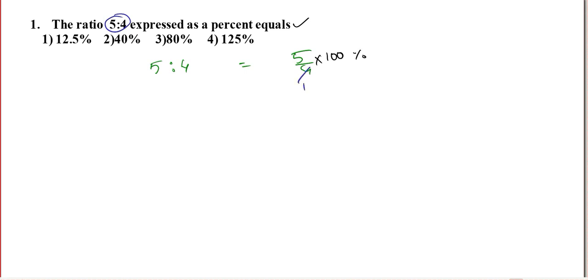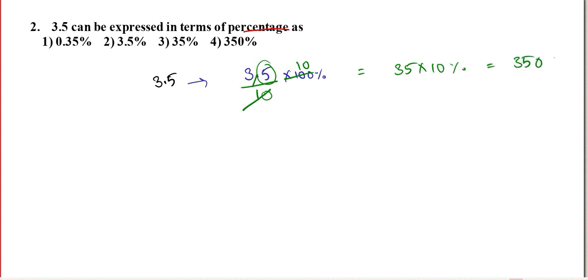So 4 into 25 is 100, and 25 into 5, that is 125 percentage. So from the answer options, you can go with the fourth option as the correct one for this question.